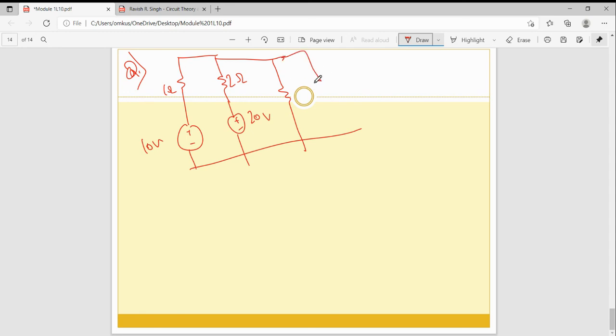Now this is a 10 ampere source. This is 40 volt, and a 4 ohm resistance is connected in series with this, and this is your load resistance, which is equal to 5 ohm.